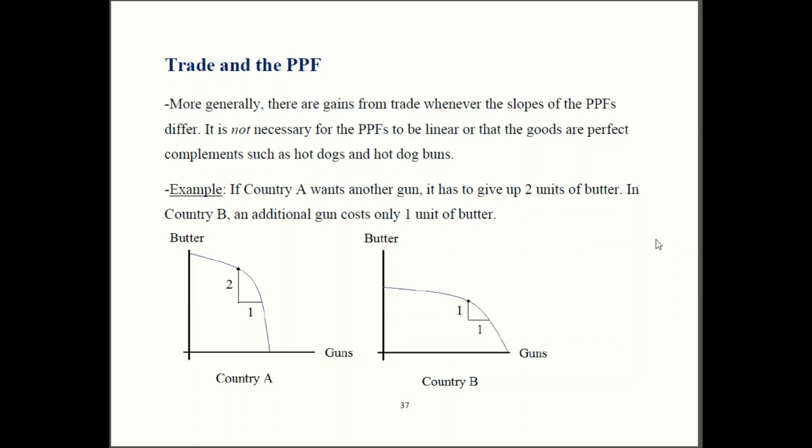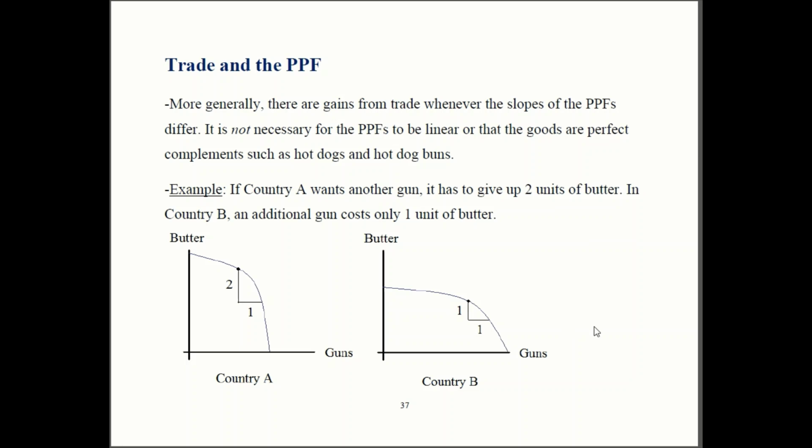So let's go back to guns and butter, and here you have those more realistic nonlinear PPFs. Remember I said they're downward sloping and concave back in our earlier video. And if you had 3 or more countries or 3 or more goods, the same stories apply there as well. So the slopes are different, so my claim was that there should be a possibility for trade to create value.